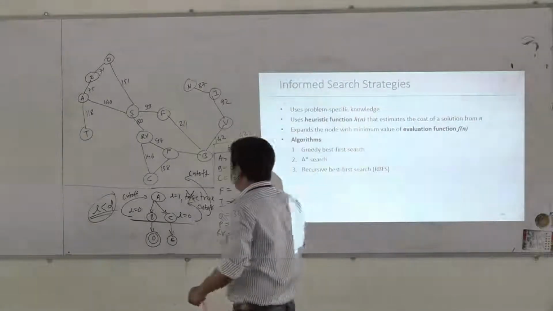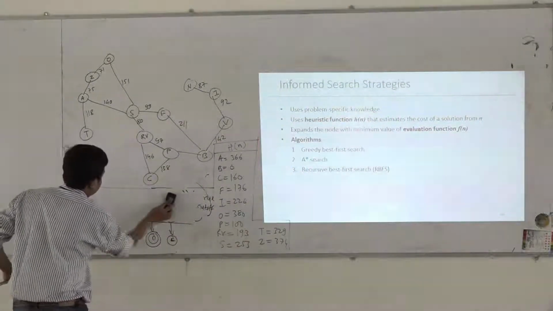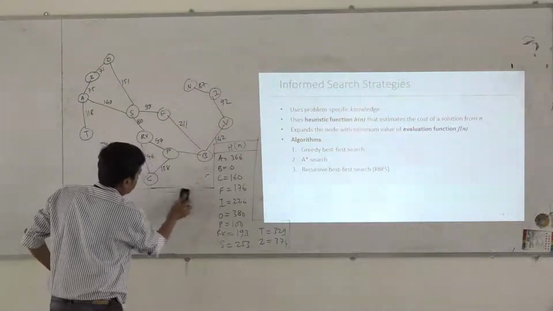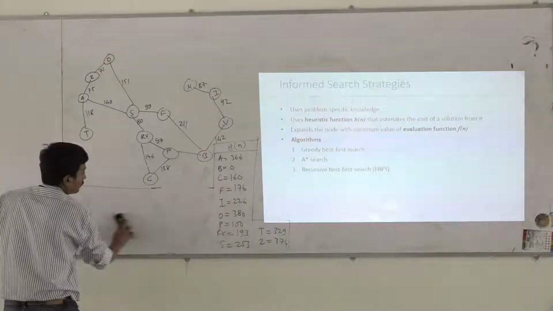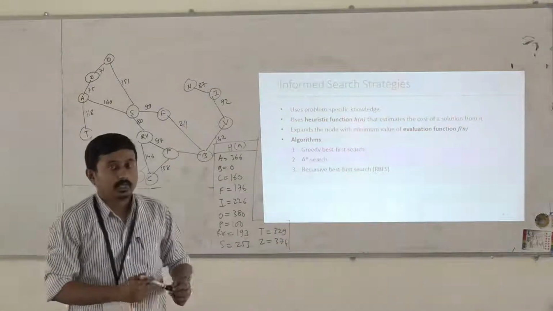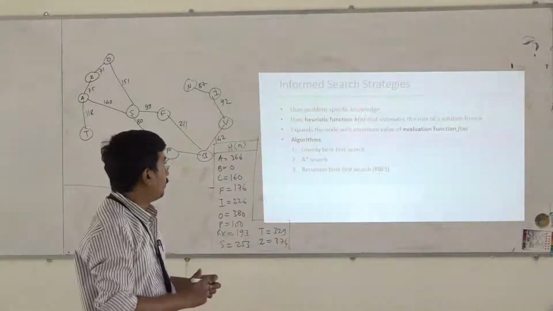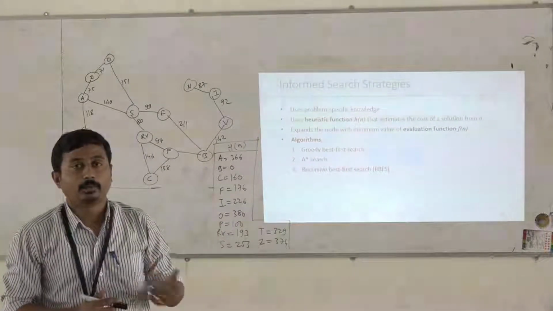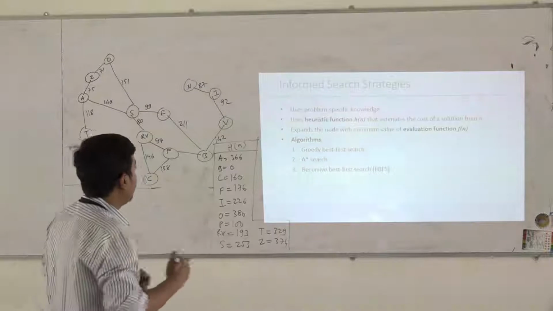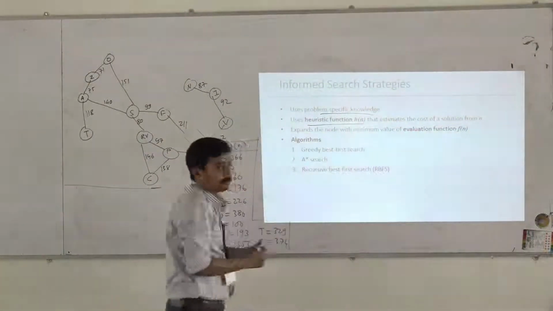Okay, let us start with informed search techniques. As we discussed in the first video, informed search techniques use some problem-specific knowledge, and we will have this problem-specific knowledge in terms of the heuristic function.